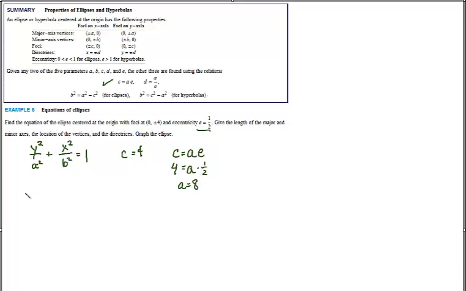So far I've got y squared over 64 plus x squared over something equals 1. I know that for an ellipse I have this. So b squared equals a squared, which is 64, minus c squared, which is 16. So this will give me for my b 4 square roots of 3.